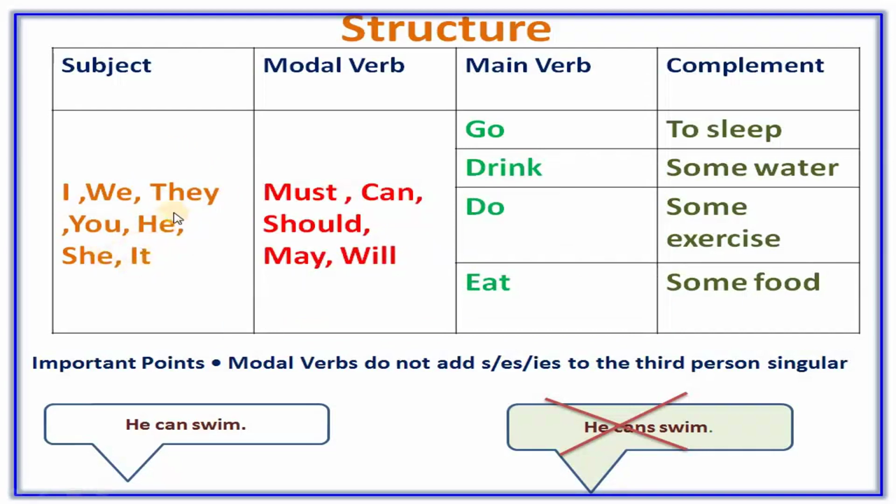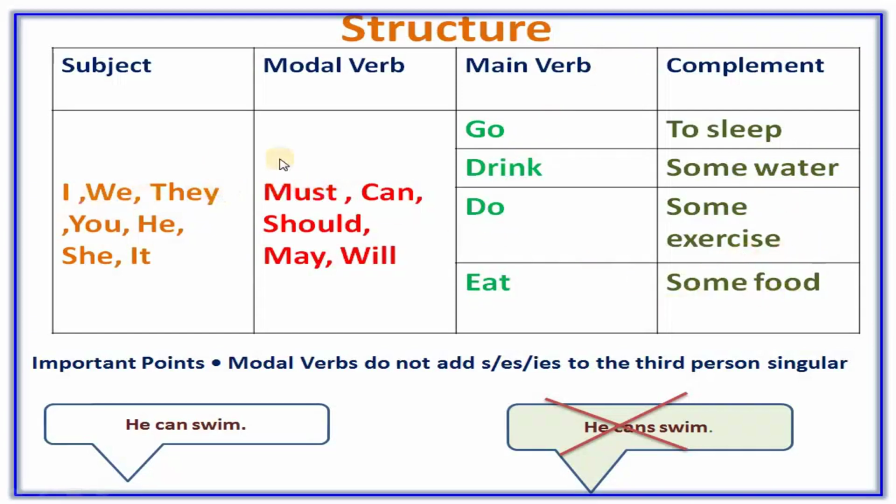He, she, it are third person singular. The modal verbs are must, can, should, may, will. Main verbs: go, drink, do, eat. The complements are to sleep, some water, some exercise, some food.